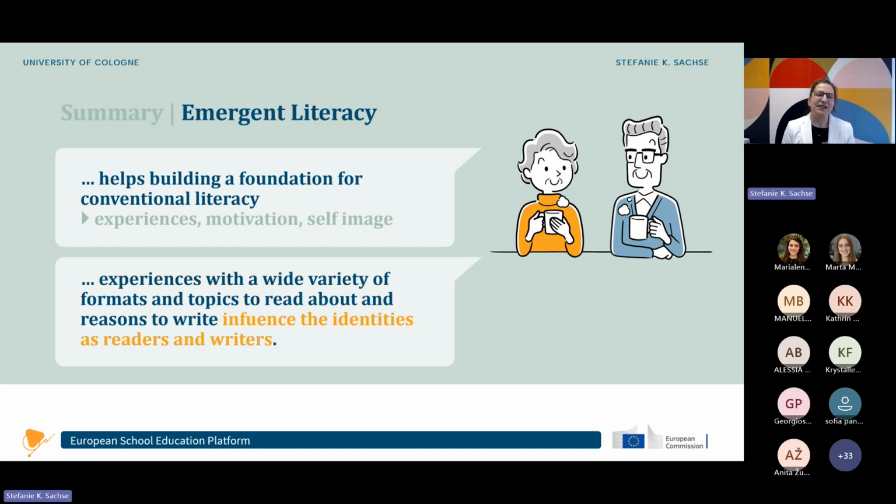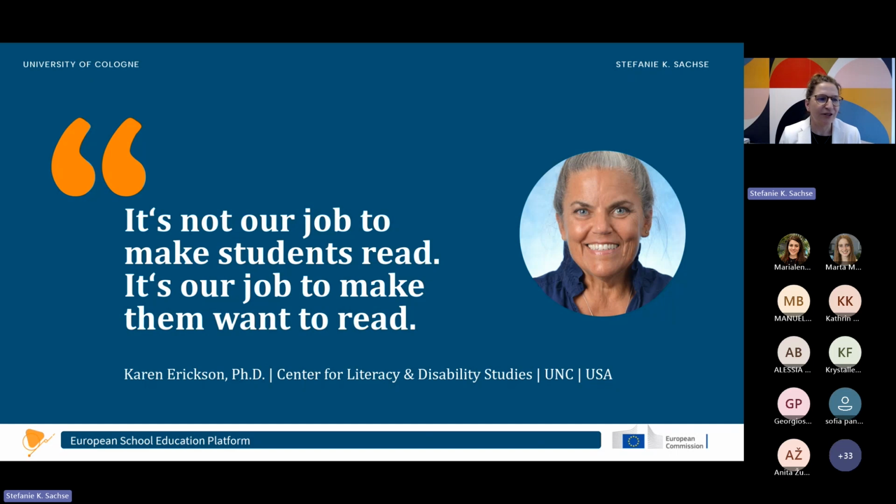And those experiences with this wide variety of formats and topics to read about and reasons to write influence their identities as readers and writers. Because it's not our job to make the students read. It's our job to make them want to read.